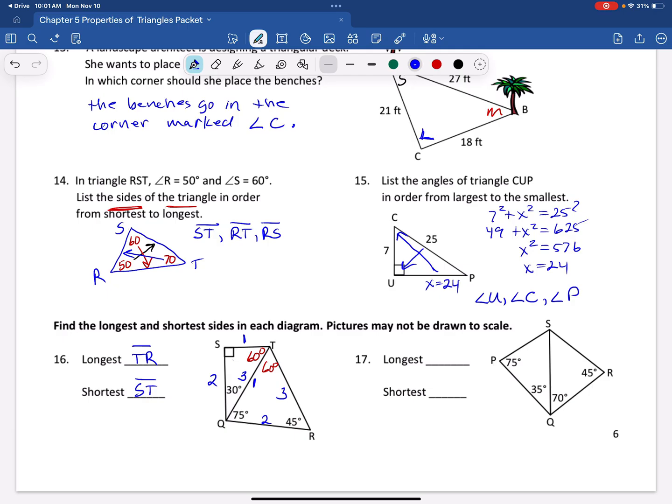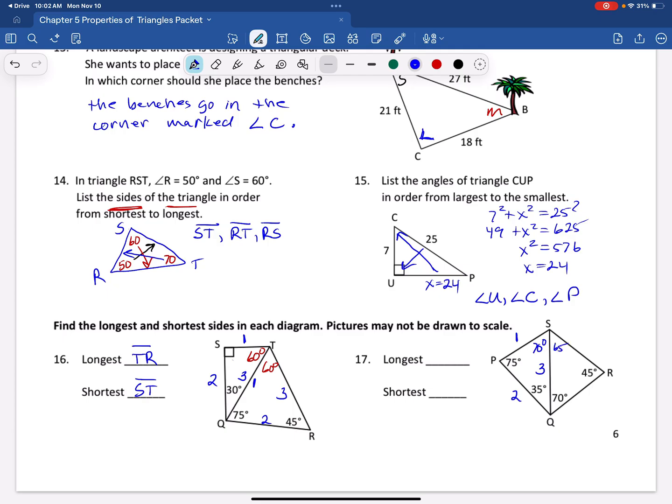All right, let's go over here. What do we got? We got 75 and 35 is 110, which makes this 70. So then this is the shortest, the medium, and the longest. And then over here, 70 plus 45 is 115, and 180 minus 115 is 65.